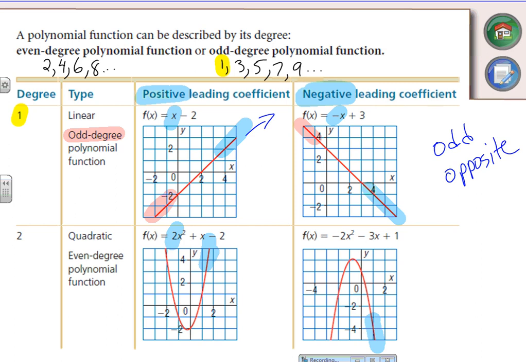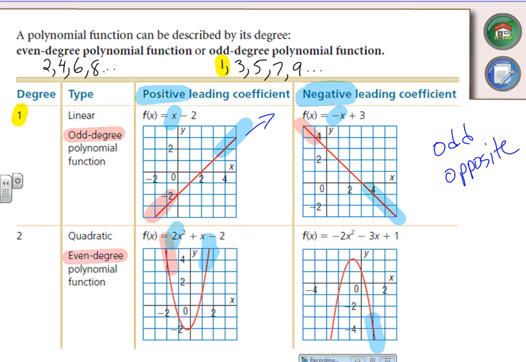Or an odd person is different. Even. When we have an even degree now, it's going to start in the same direction as it finished. In the first one, leading coefficient was positive, it finished up. We start up.